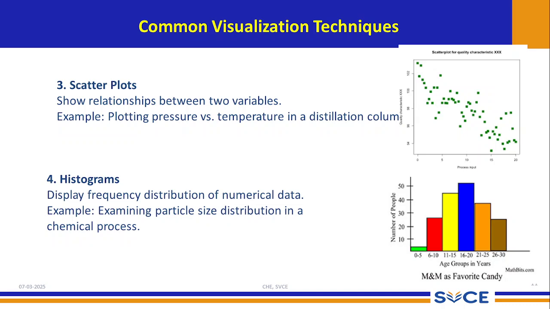When people get values from a process, especially a chemical engineering process, they check whether the experimental value and the value predicted by the model are close or not, so they go for a scatter plot. And histograms help in analyzing the data distribution, such as particle size distribution in a filtration process.